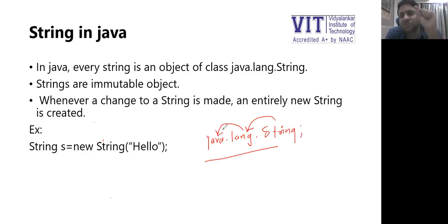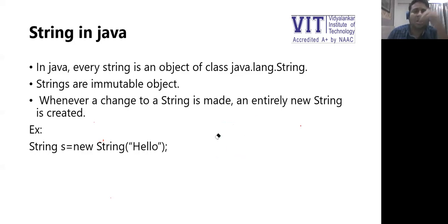And the lang package is imported by default in every Java program. The System class and the String class all belong to the lang package. So just remember this: every string is an object of class java.lang.String.